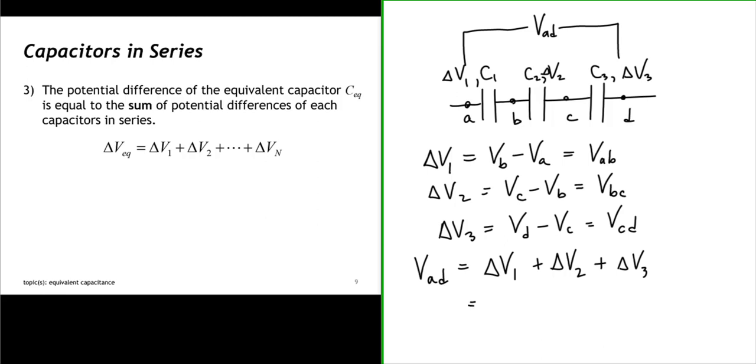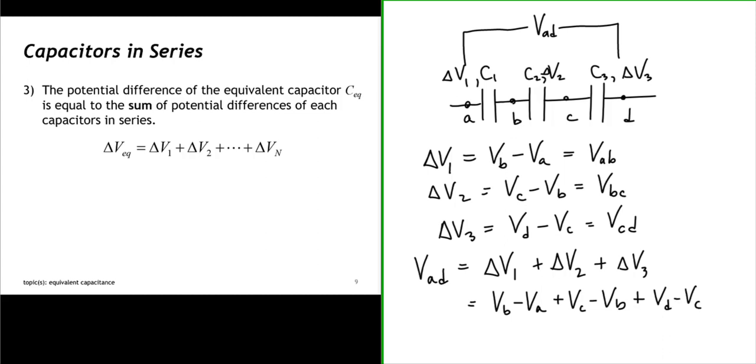The potential difference across capacitor 1 is the difference between the potential at B and the potential at A. The potential difference across capacitor C2 is the potential difference between point C and point B. And the potential difference across capacitor 3 is just the difference in potential between point D and point C.